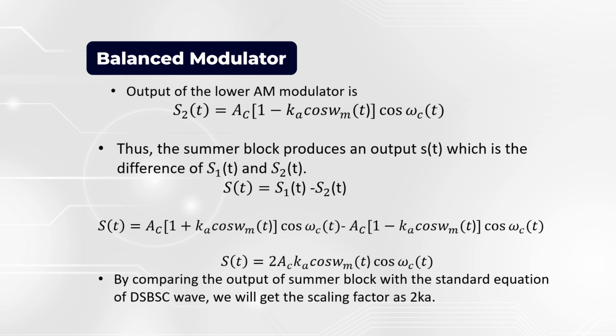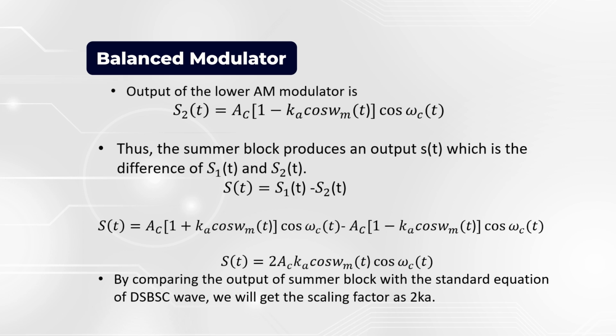Thus, the summer block produces an output s(t), which is the difference of s1(t) and s2(t). Therefore, s(t) equal to s1(t) minus s2(t), and after simplification we get s(t) equal to 2 Ac Ka cos omega m t into cos omega c t.